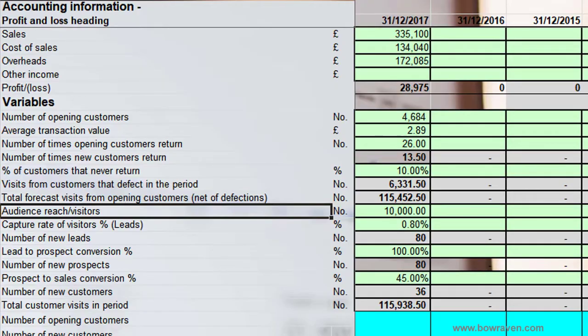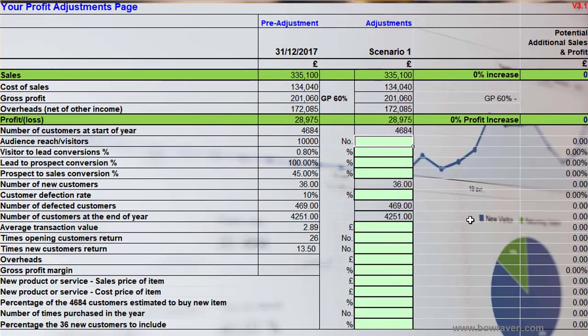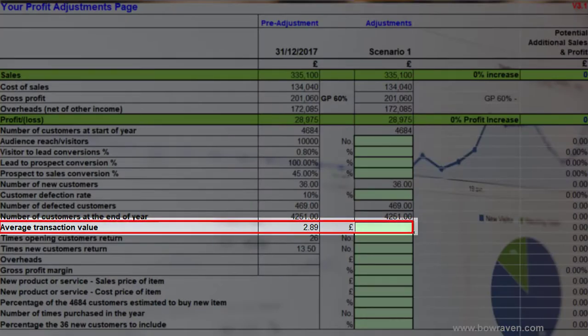Right, so here we are. I'll jump across to the workings, and then plug these numbers in. The first number on my sheet was changing my average transaction value, or the amount on average your customers spend each time. I was going to increase that, double it to £5.78.